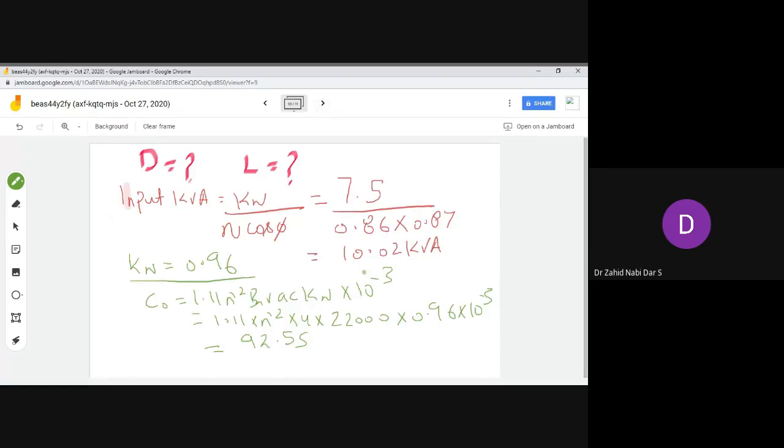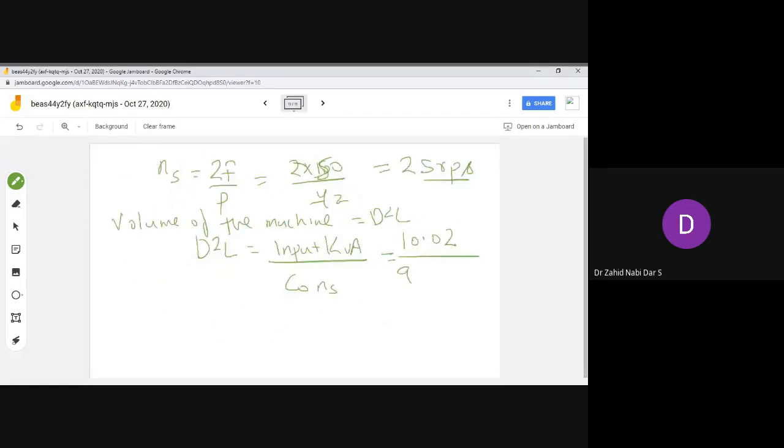So you substitute that in the equation, 92.55 into 25. So the d square L value you will get is around 4.33 into 10 power minus 3 meter cube.